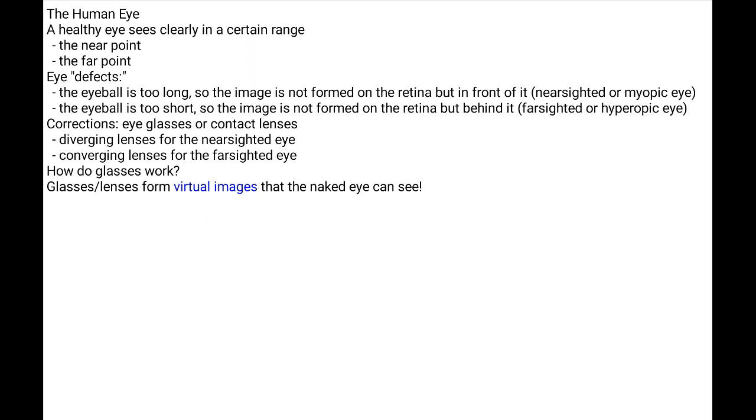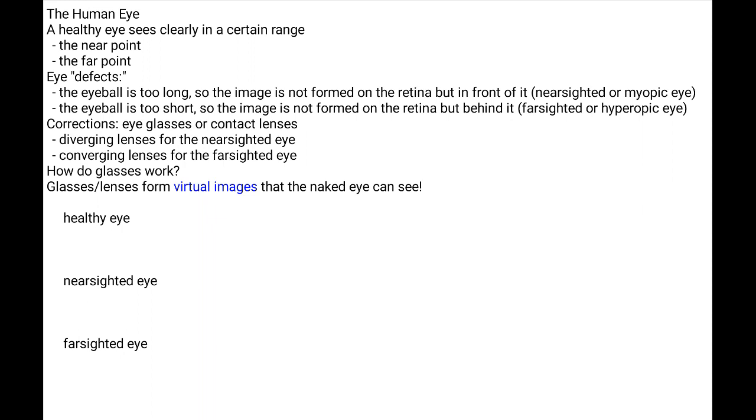Well, this new image will become the object for the second lens. So in reality, light passes through the lenses almost instantaneously. But to simplify the physics, the way we think about it is we take each lens individually. First, we deal with the image of the object in the first lens, and that image becomes the object for the second lens.